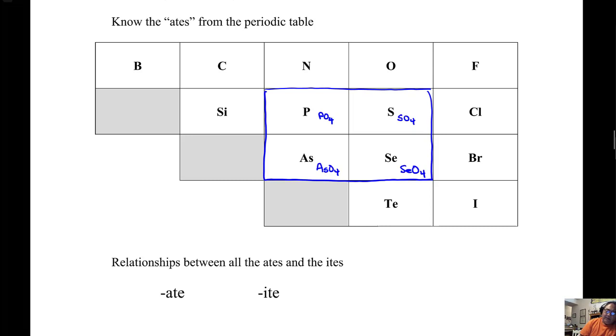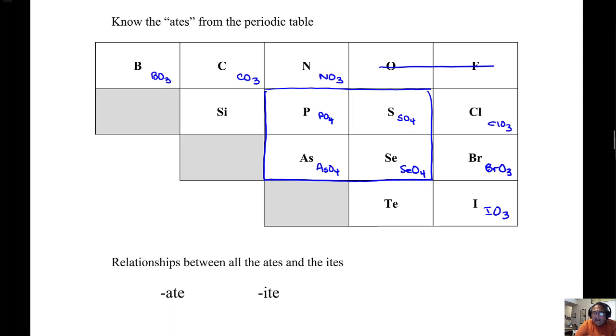Now, I'm going to show you some more of the ates, and you tell me what the pattern is. Then we're not going to do oxygen or fluorine, and then we're going to do ClO3 and IO3, like that. Now, what's the pattern?